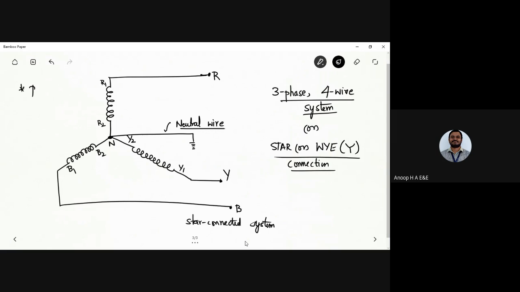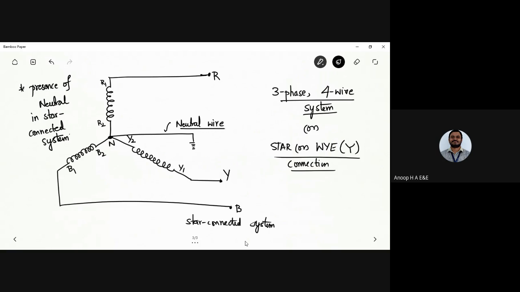So we have presence of neutral. One thing we can see here is that we will have presence of neutral in a star connected system. Now I'll tell you the definition of certain common terminologies that we are going to use.